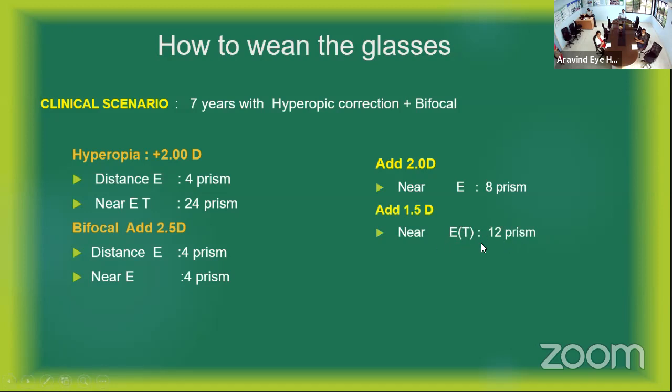So you don't want any manifest squint. You are happy with this phoria itself, and so you prescribe the initial hyperopia correction and the reduced +2 diopter add. So this is how we wean the bifocal add for a non-refractive accommodative esotropia.